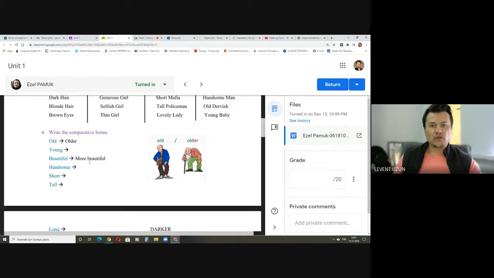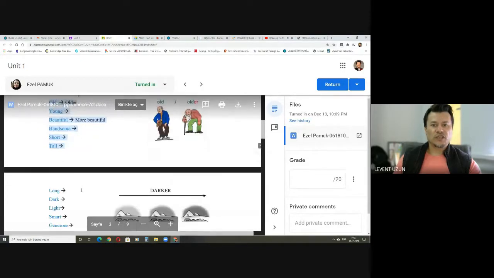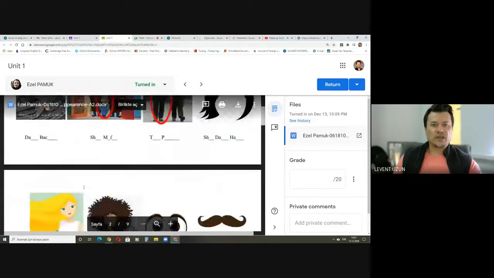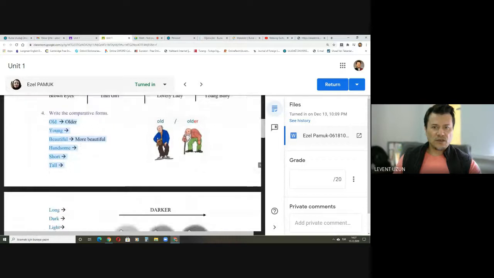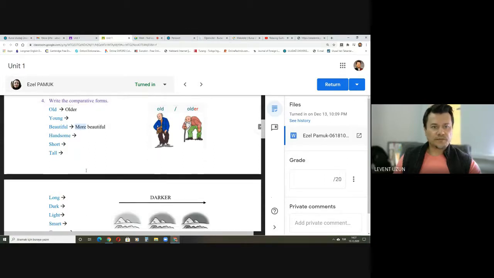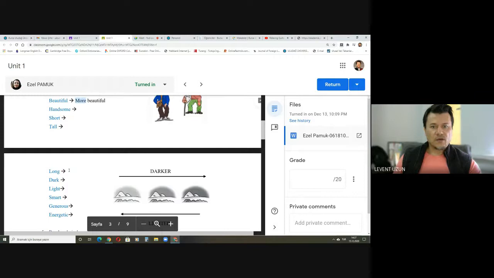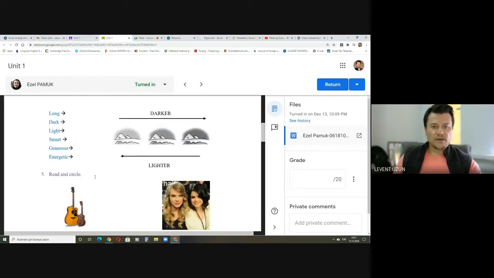But before doing this activity, you need to teach them the meanings of these adjectives, which will be related to this part here also. More beautiful. Okay, so you got this. Long words will be used with more. Long, longer, dark, darker. Okay.